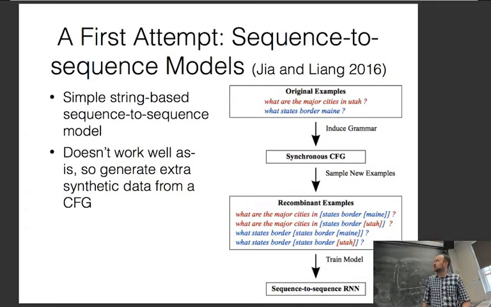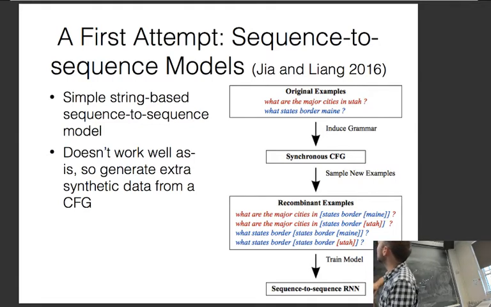So even in the first attempt to do this, they were a little bit more creative than just training a sequence-to-sequence model. What they did was they took their original examples and trained a traditional grammar-based model that can map between things.